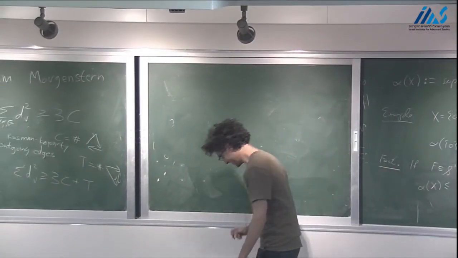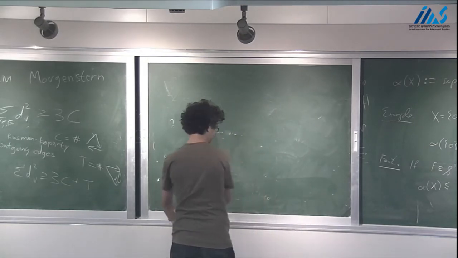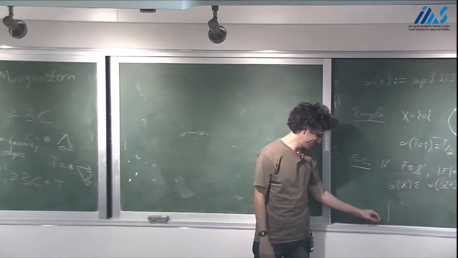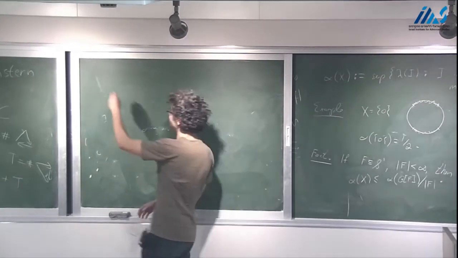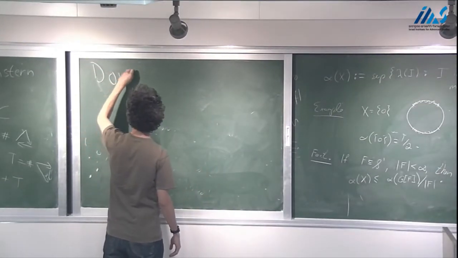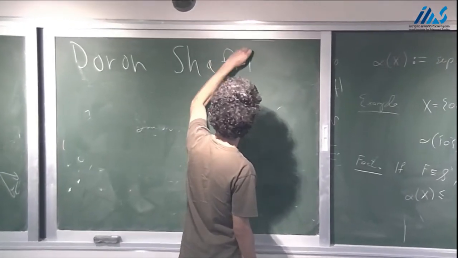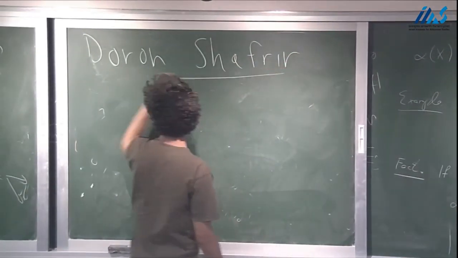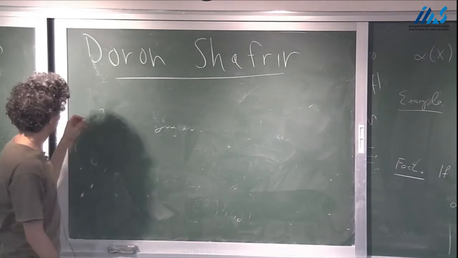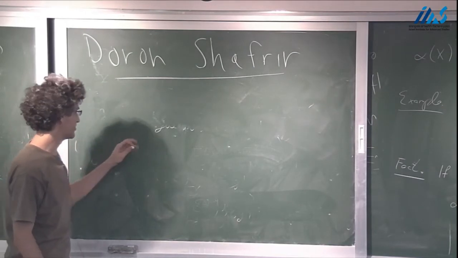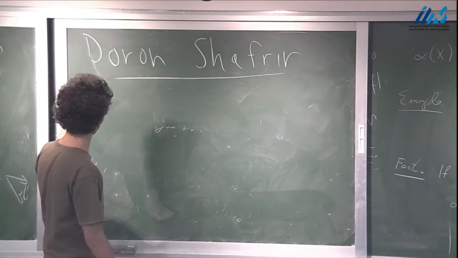I want to publicize an open problem. This is an open problem in model theory, but it's actually a problem in combinatorics.